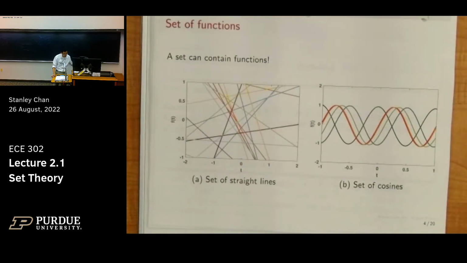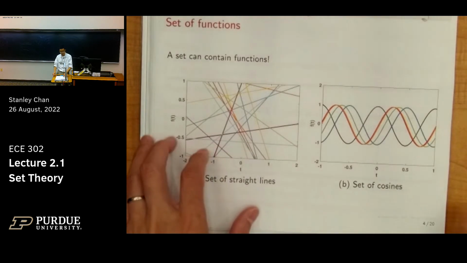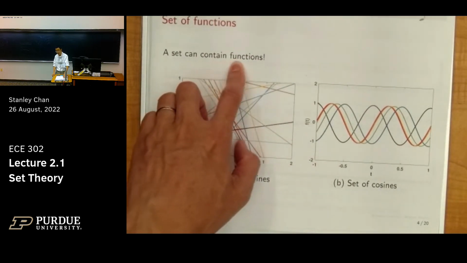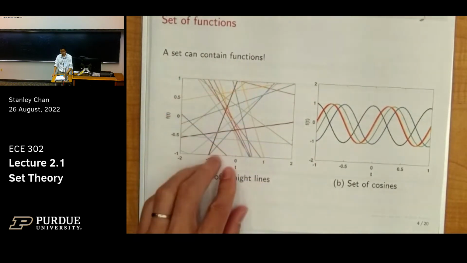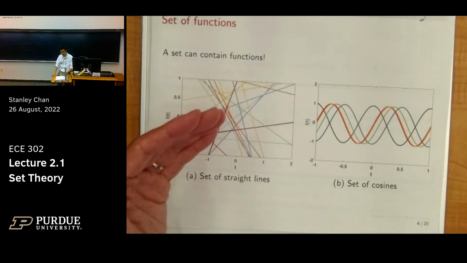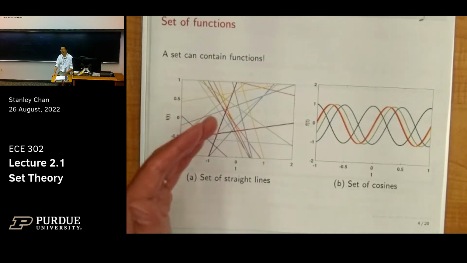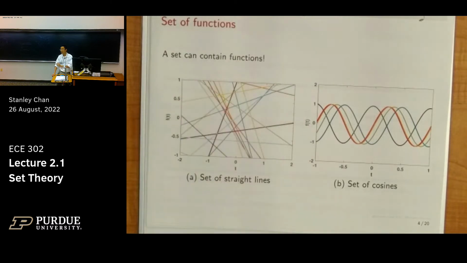And here are 2 examples that are less obvious. Of course, we can think about flipping a coin, throwing a die, those kinds of experiments. But a set can contain functions. This is what I've been saying. This is a set of all the possible straight lines that you can draw in a 2D plane. Now, how do you do that?